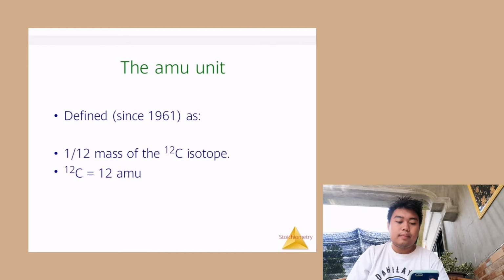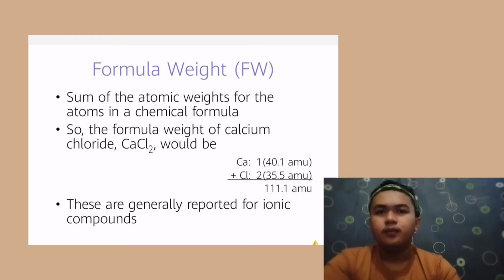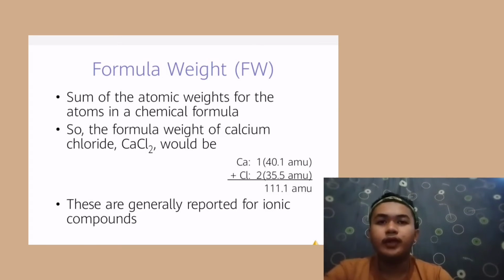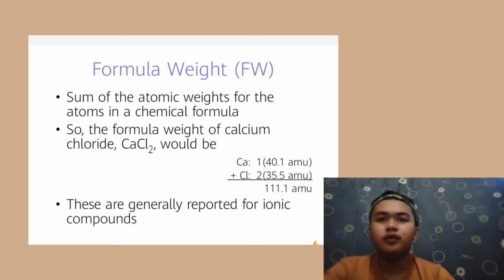The AMU, defined since 1961 as one-twelfth the mass of the carbon-12 isotope, so carbon-12 equals 12 AMU. Formula weights: the sum of the atomic weights for the atoms in the chemical formula.